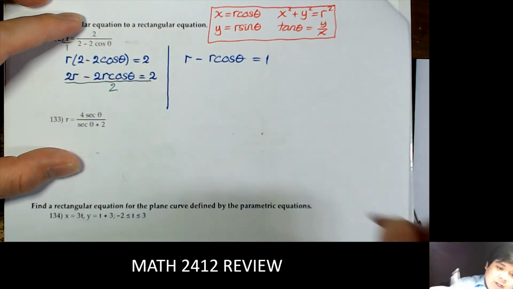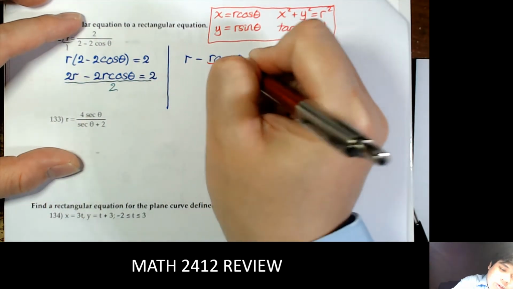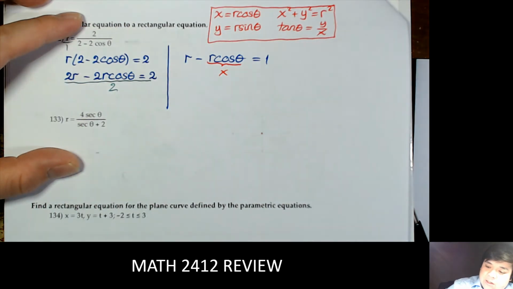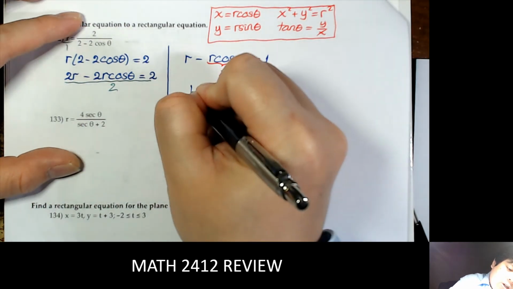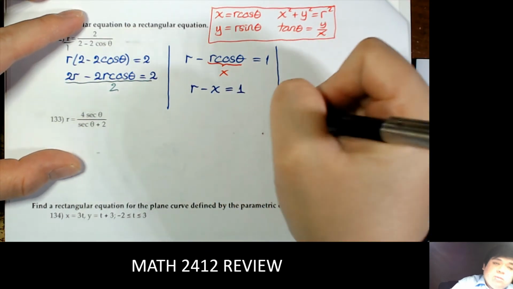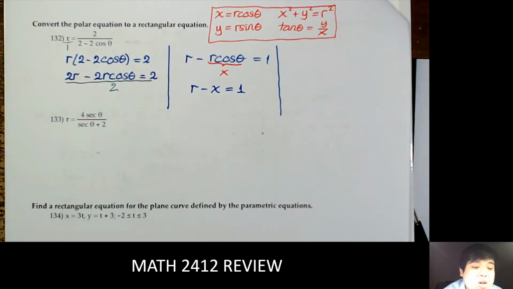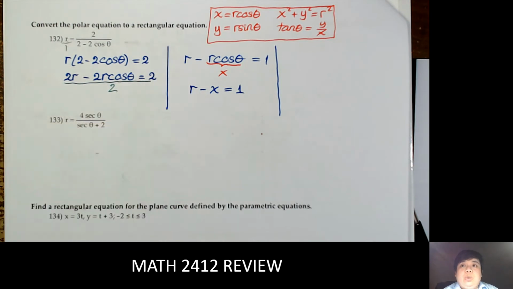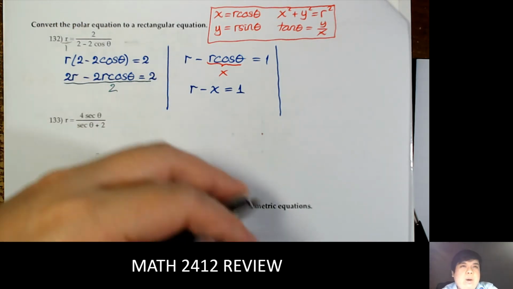Next, r cosine theta is going to be x. So we have r minus x equal to 1. Just good. Now we still need to turn the r into x and y. So there we can just square both sides.